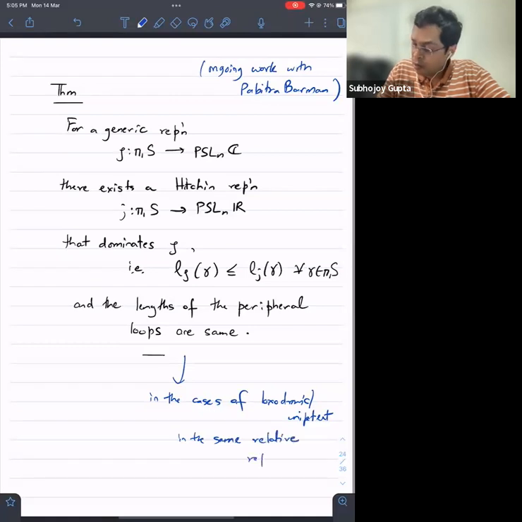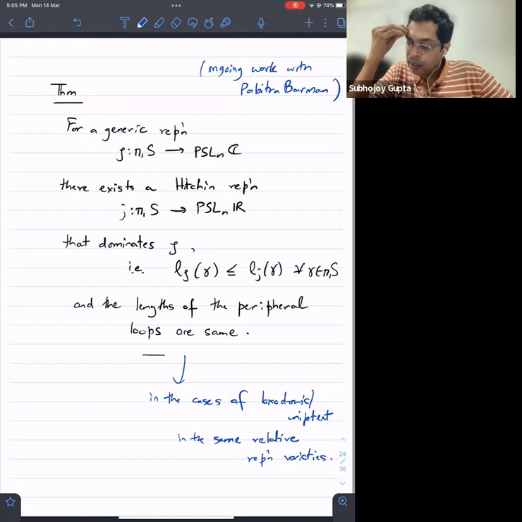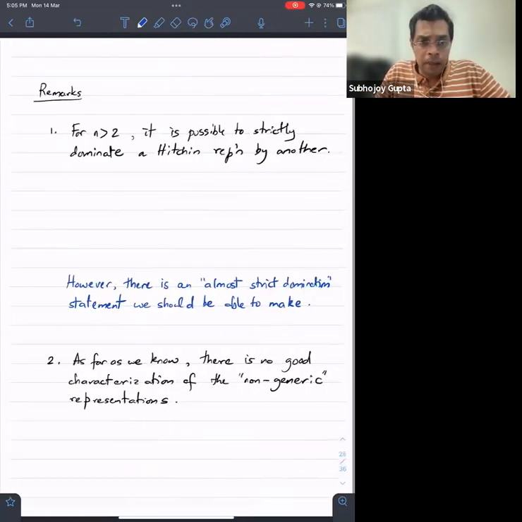The relative representation variety fixes the conjugacy classes of the peripheral elements, because this is something that is also studied when one studies representation varieties of punctured surface groups. Let me mention that there is an almost strict domination statement that one should be able to make, but in general, it's not. The way I've stated it is not quite interesting, because unlike the n equal to 2 case, it's possible to strictly dominate a Hitchin representation by another, even of a closed surface group.